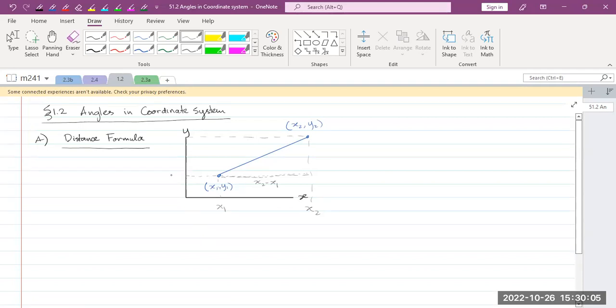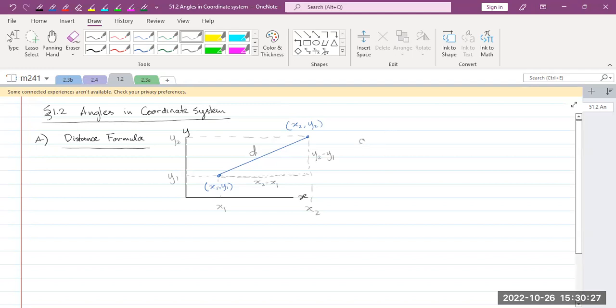This is y1, this is y2. So the length here is y2 minus y1. So the distance d is the hypotenuse of these two legs of a right triangle.